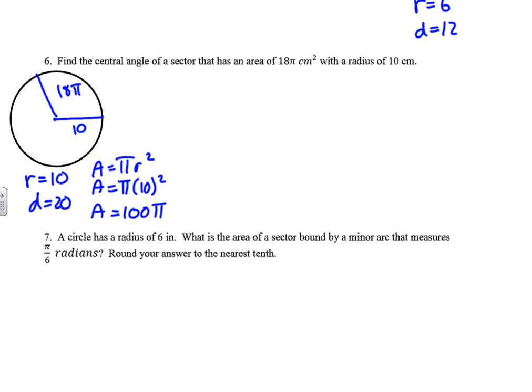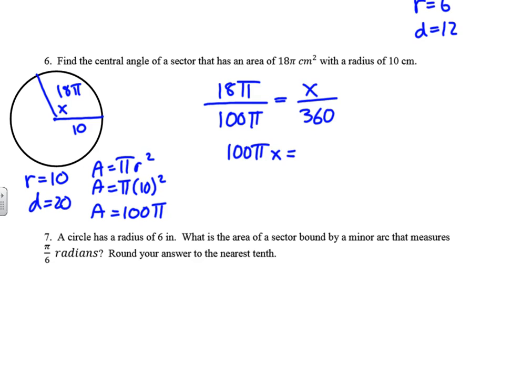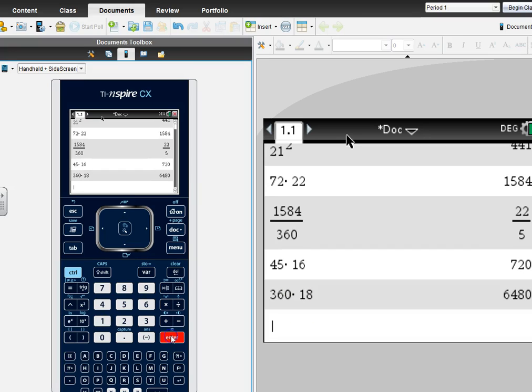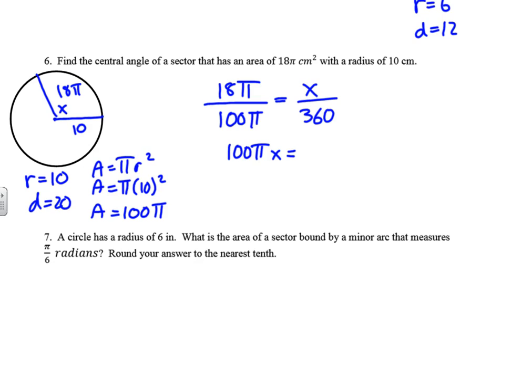So in this case, we know the area, so that the sector is a part of the total. What we're trying to find is the angle, and the total angle around is 360 degrees. So we cross multiply, we get 100 pi times x equals, what's 360 times 18? Let's see here, 360 times 18, 6,480.